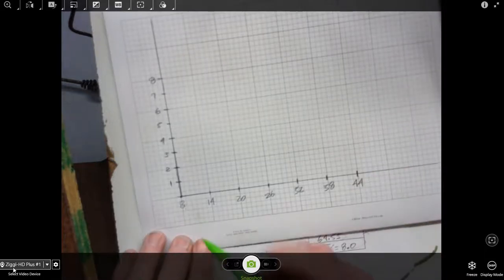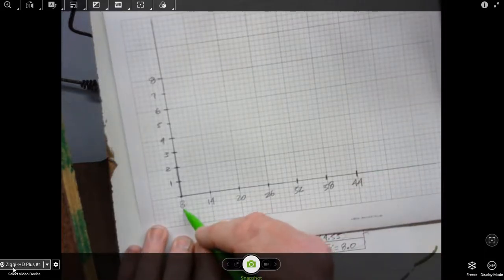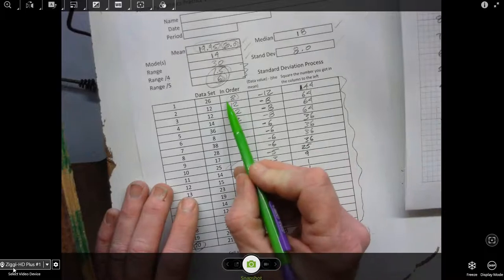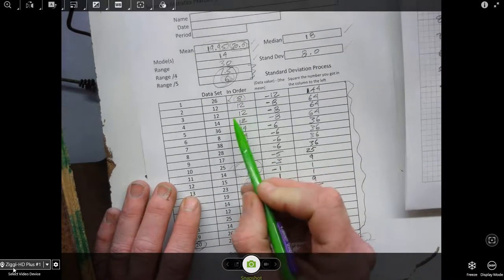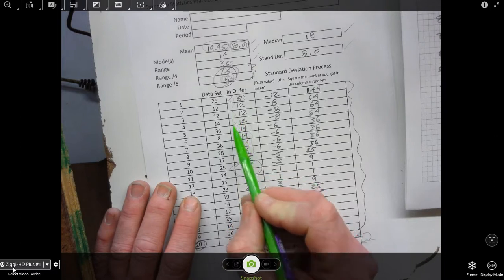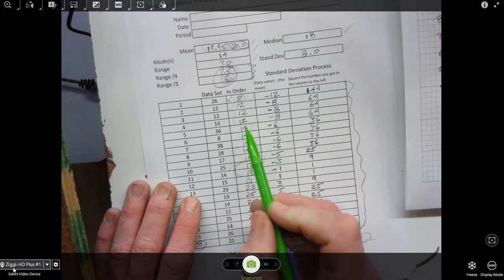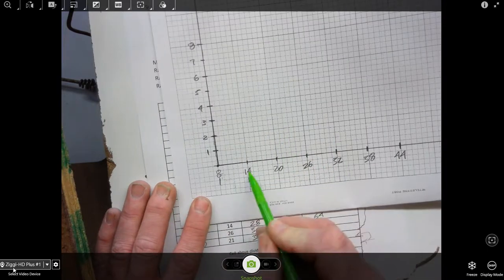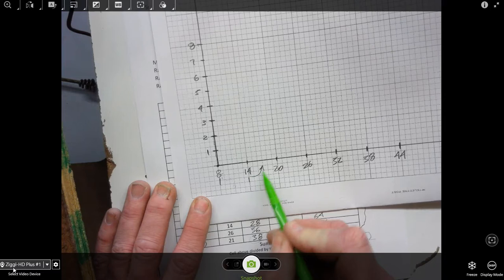Okay. So how many numbers are between 8 and 14? Well, let's take a look. 8's in that group. Check. 12. Yep. 12. 12. That is. What about 14? Here's the rule. If a number is actually one of the boundaries, it goes in the higher one, the next one up.